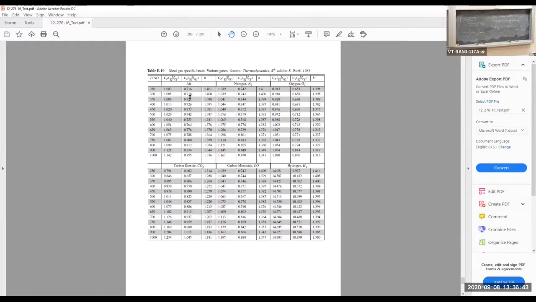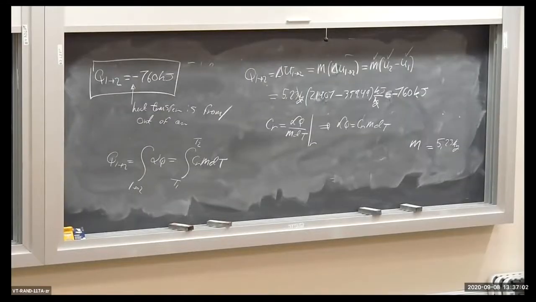It looks like maybe about 5%. I'm going to assume Cv evaluated at 400 degrees, and I'm going to use it to estimate my heat transfer. 0.726 kilojoule per kilogram degree Kelvin is my specific heat.